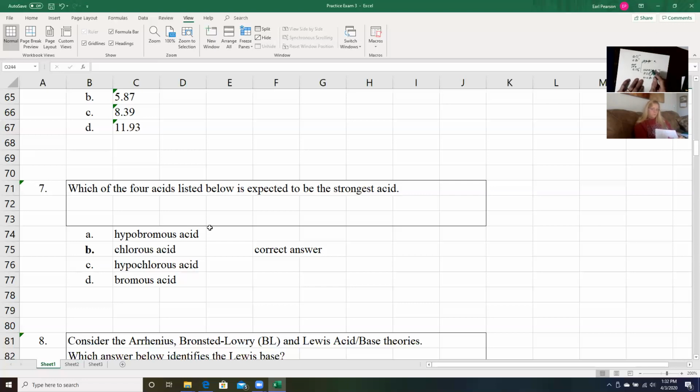Now let's compare these 2. Again, I've got oxyacids. They both have the same number of oxygens, but this one has bromine, this one has chlorine. So this one is not as strong as that one. So I can also eliminate this one. So it's got to be between these 2.